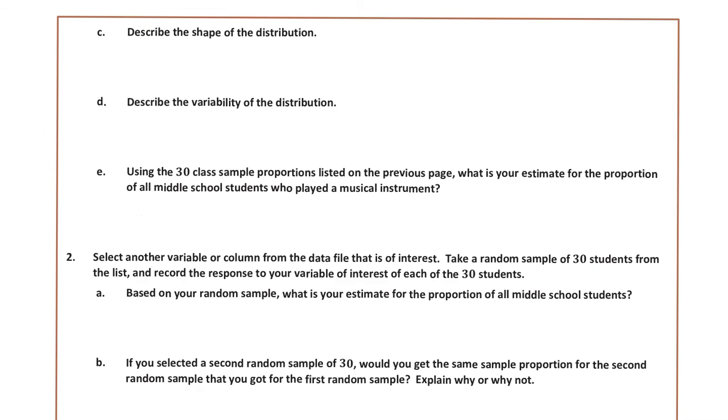All right, C. Describe the shape of the distribution. So right now, you are also going to want to be looking at your dot plot that we just created and describe the shape. Well, I know in class I asked you, okay, are more of our dots on the left or the right? Do we have a mound?